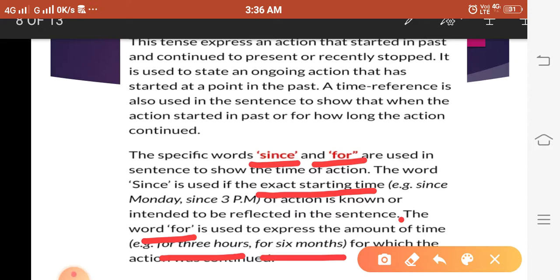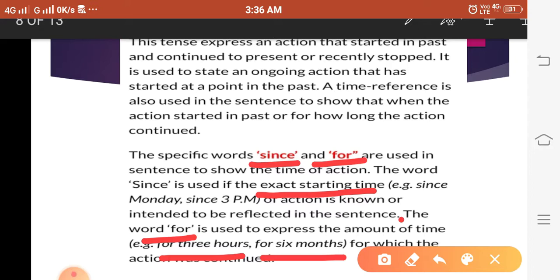For, again, we use for the timing which is an accumulated time, or in other words, a time period. That time period can be of 5 seconds, 5 minutes, 5 hours, 5 days, 5 weeks, 5 years, or 5 centuries. Clear? Now, since we use when exact timing is given.